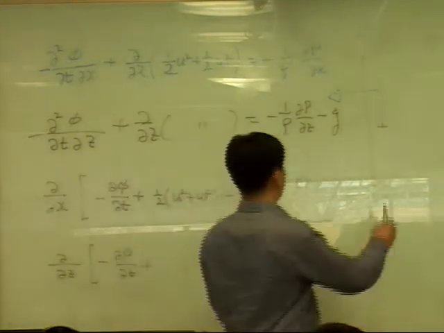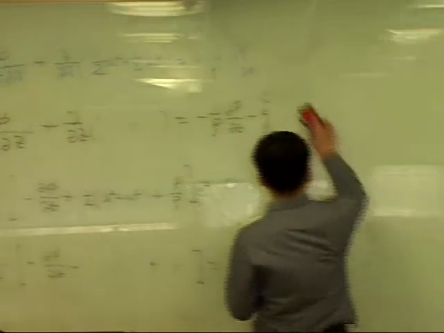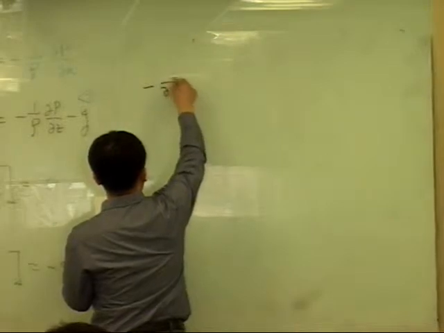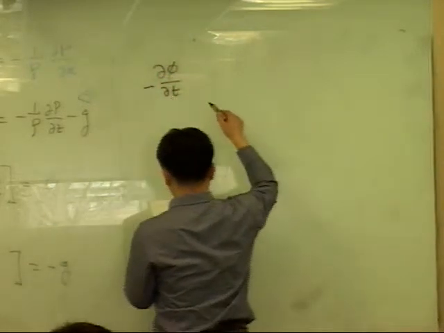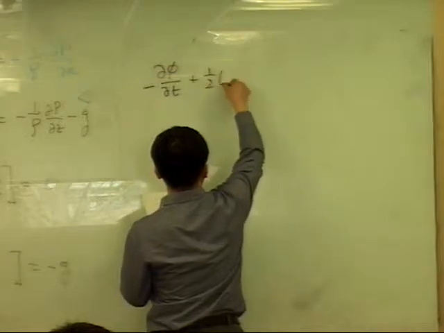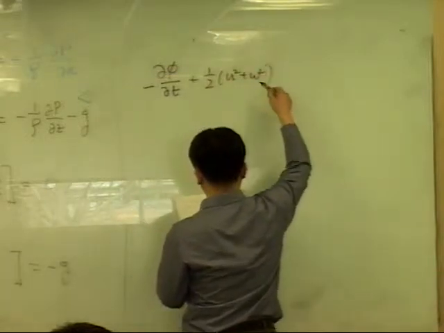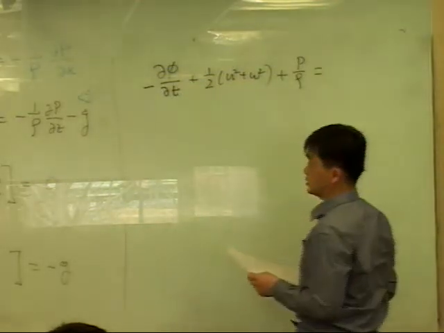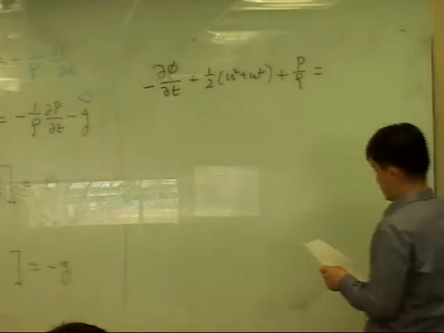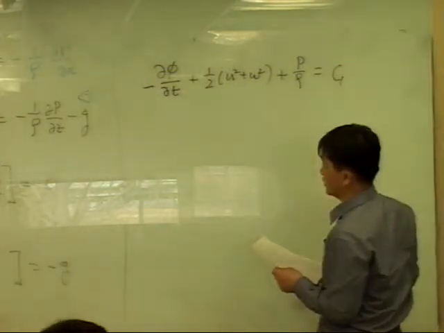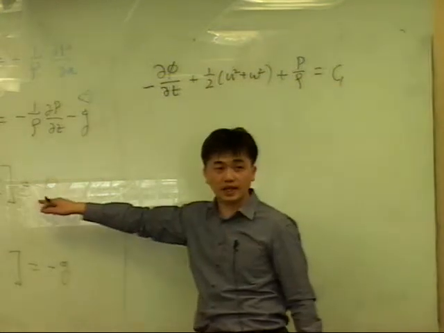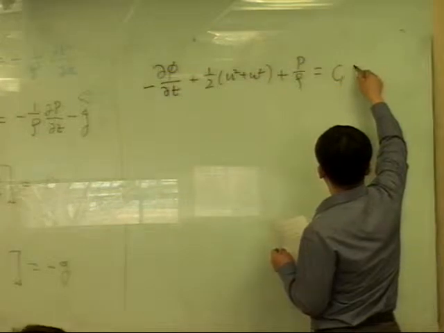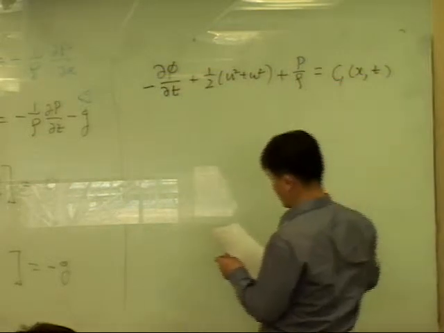Then we will have partial t of phi plus 1 over 2 u square plus w square plus p over rho equals some constant, and that constant should be a function of t, C1 of t.